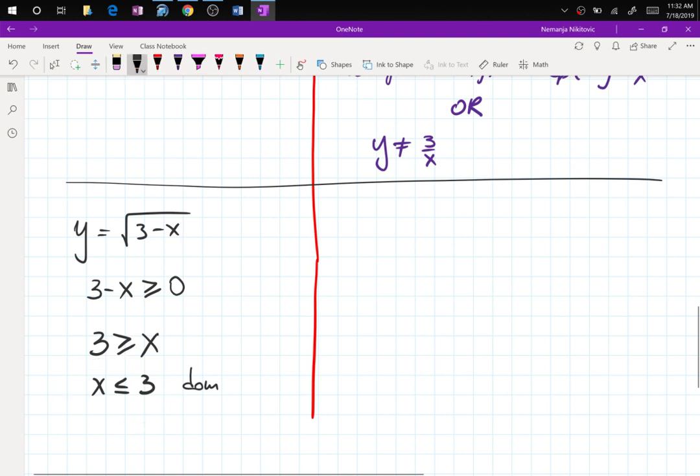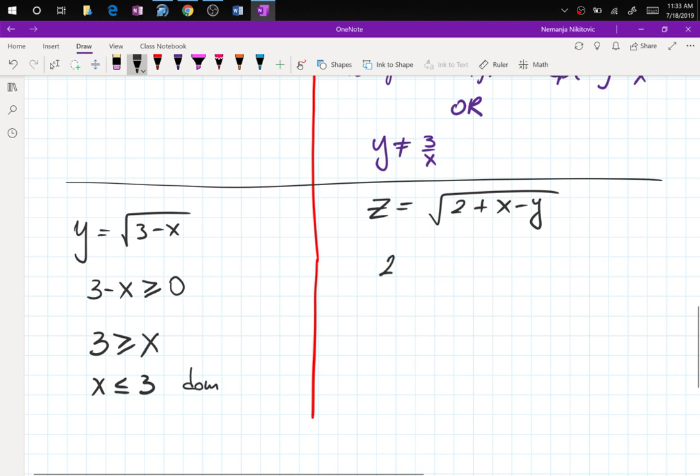So what is your three-dimensional equivalent? Let's say you have z equals square root of 2 plus x minus y. Literally, just put anything. It's the same rule. Whatever is under the radical must give a non-negative value.